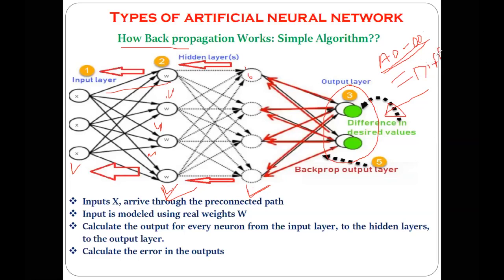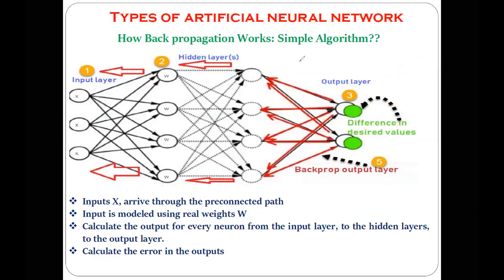And that difference is sent back, from the output layer to the hidden layer, again to the hidden layer, and again to the input layer, where adjustment is done, and then it is sent forward again. This process continues until we reach zero, or very close to zero, gradient loss function. Understood?